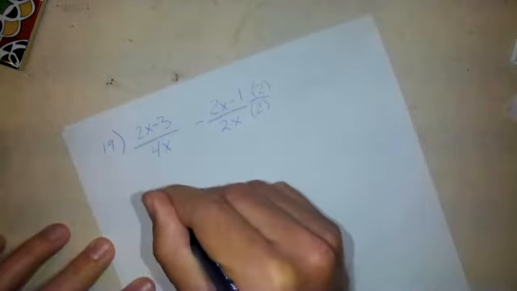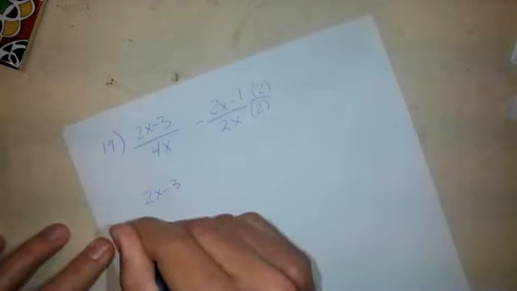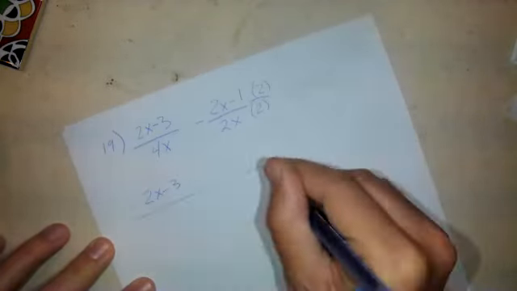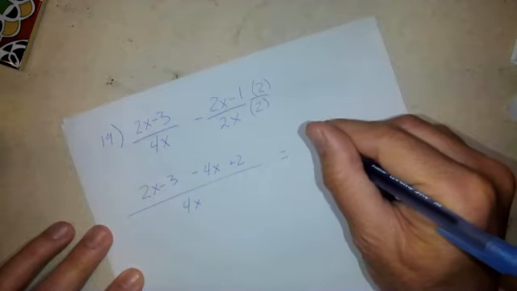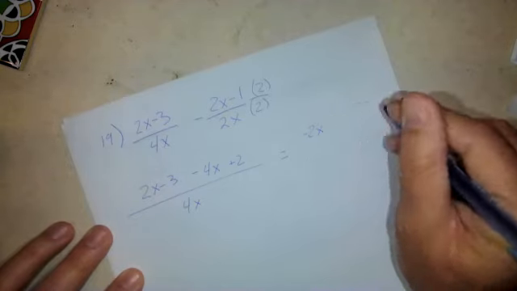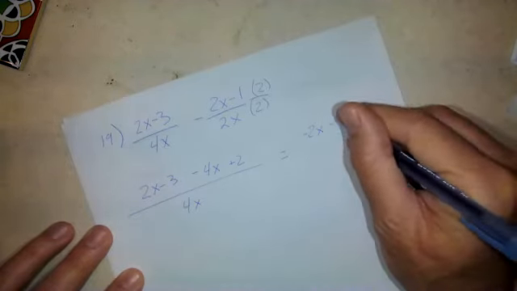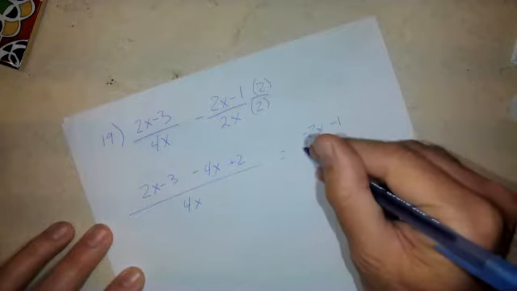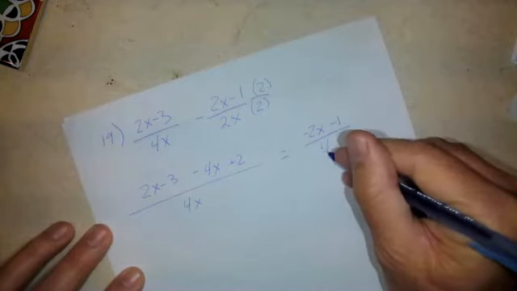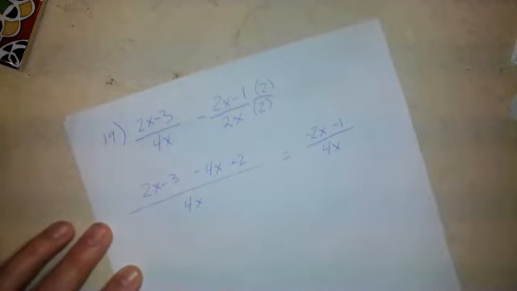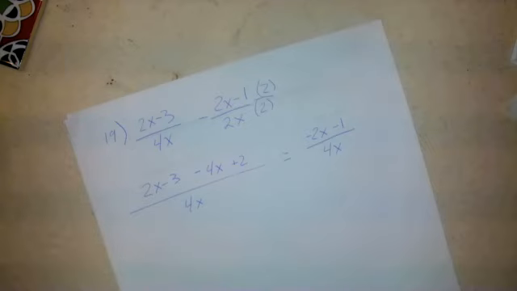I get 2x minus 3, and the whole thing is over 4x now, minus 4x, and don't forget to distribute that negative, plus 2. This thing is going to read negative 2x, and it looks like minus 1, all over 4x. I feel like that is as good as it gets for that one.